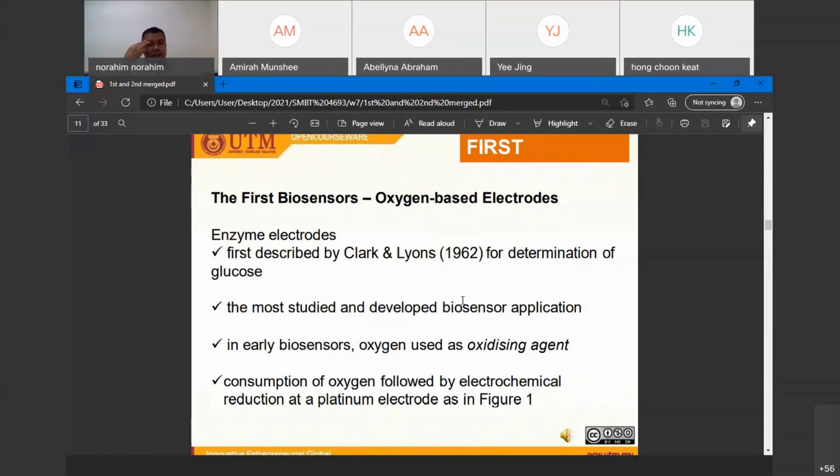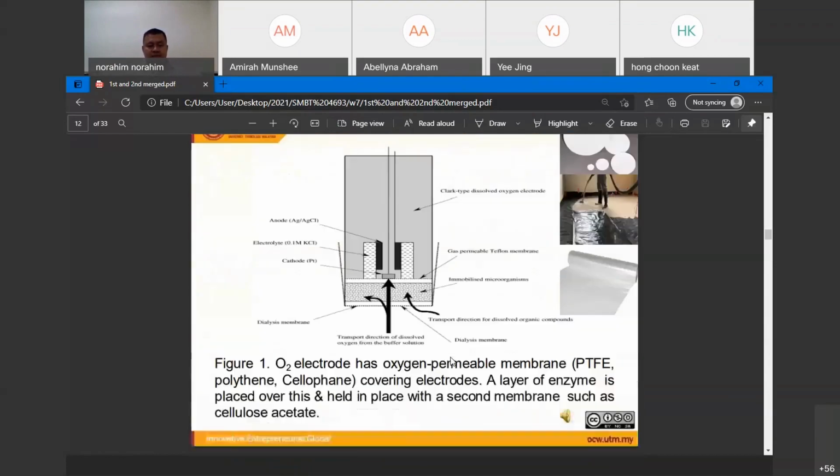Oxygen-based electrodes are the most studied and developed biosensor application. In early biosensors, oxygen was used as the oxidizing agent. Remember, oxidizing agent, reducing agent. The consumption of oxygen is followed by electrochemical reduction at the platinum electrode, as shown in figure 1. So let's have a look at figure 1.